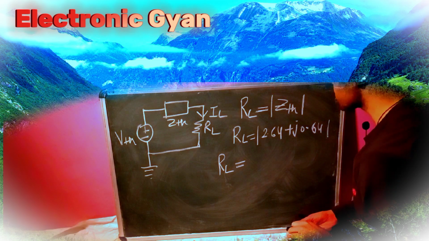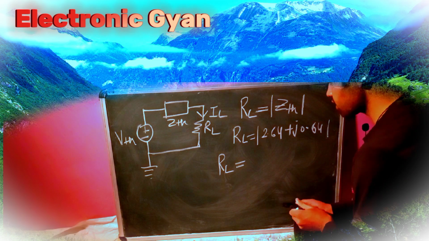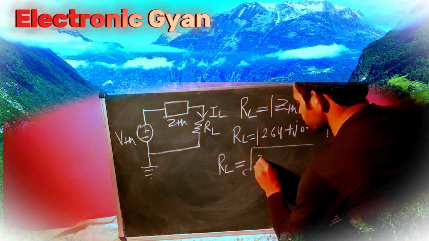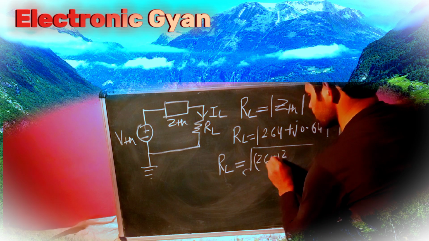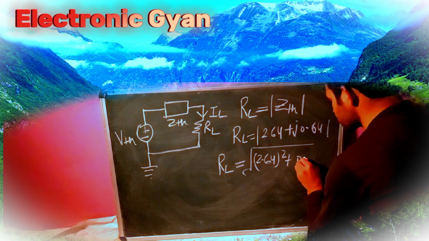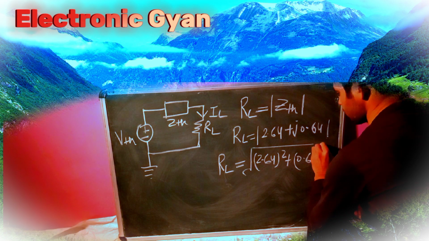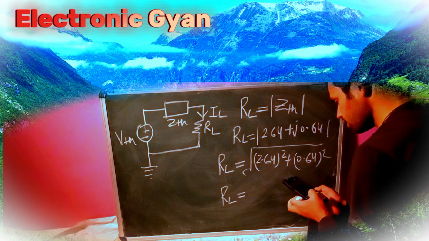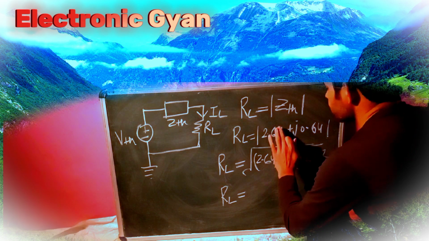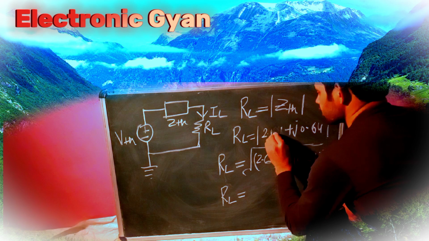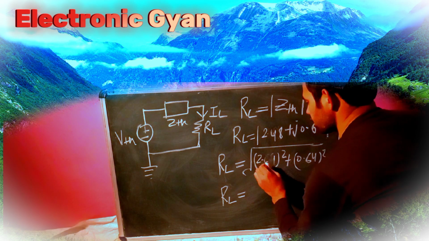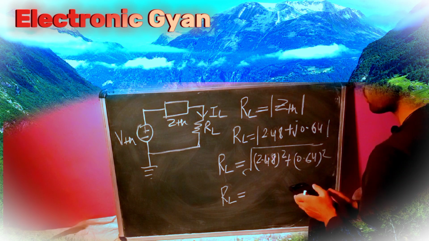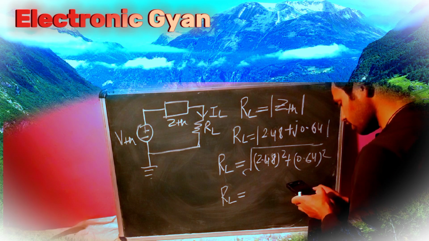If we calculate this modulus, it is nothing but the square root of 2.64 square plus 0.64 square. Sorry, this is not 2.64, this is 2.48 square plus 0.64 square.